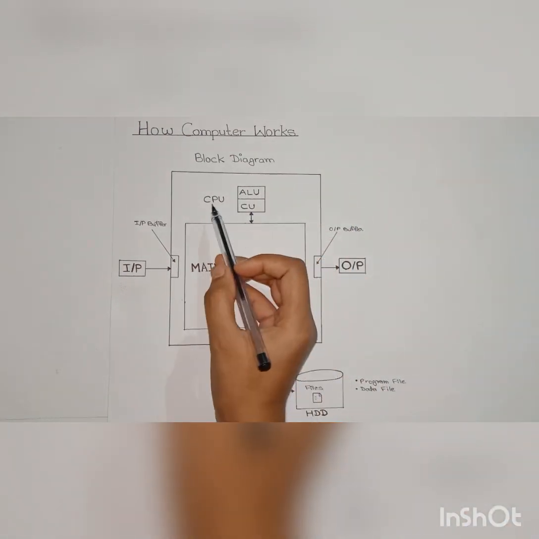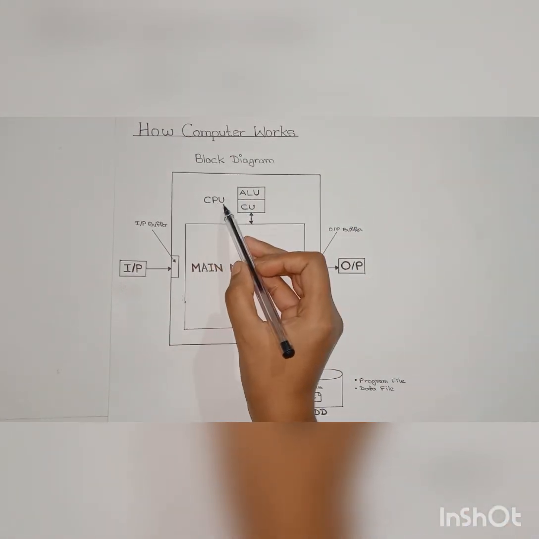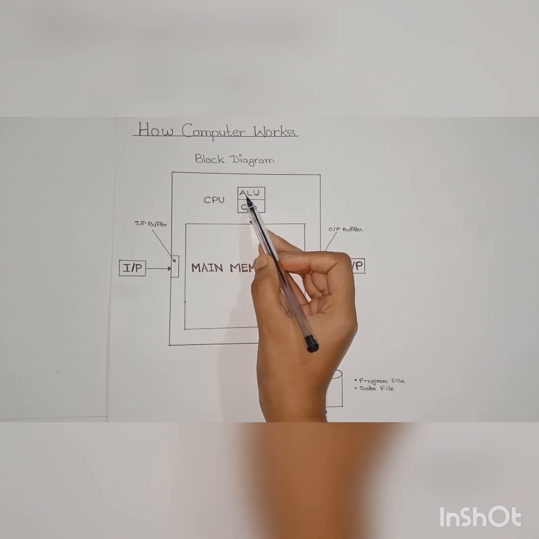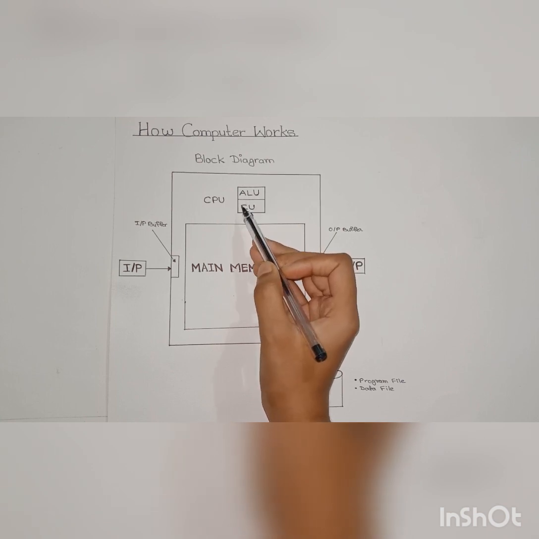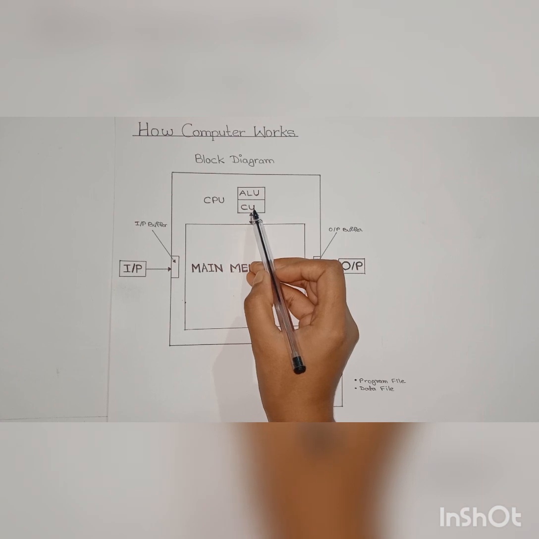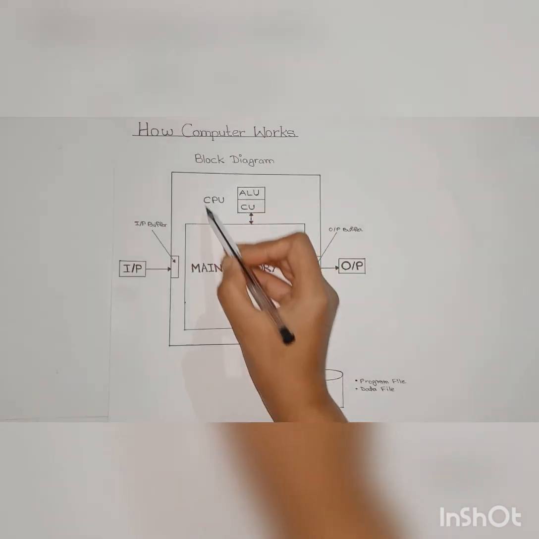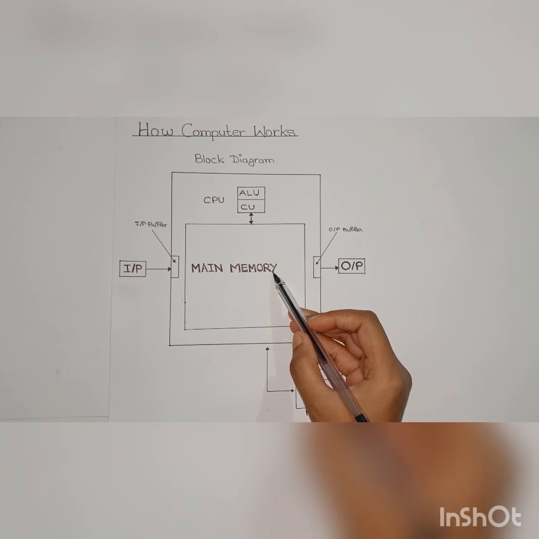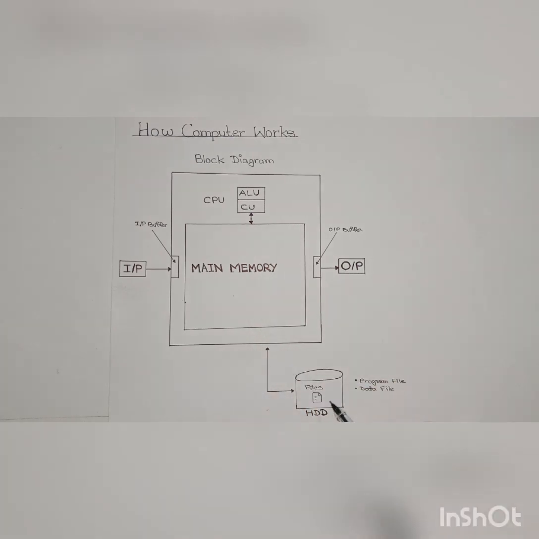Its components are the CPU. It has two parts, ALU, that is arithmetic and logical unit, and CU, that is control unit. I'll be discussing its working later on. So next one is main memory. And this one is hard disk drive. It contains data in the form of files.